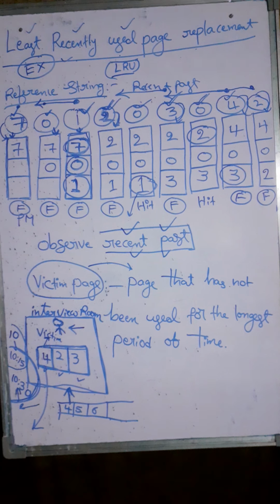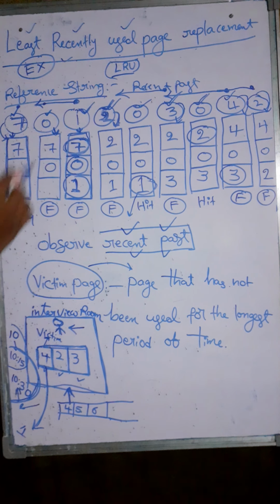Here if you observe, previously candidate 1 had not given the answer for the longest period of time. That means he has not given the answer from 10:15 to 10:30. So the interviewer will send one out and he will call for candidate 4.